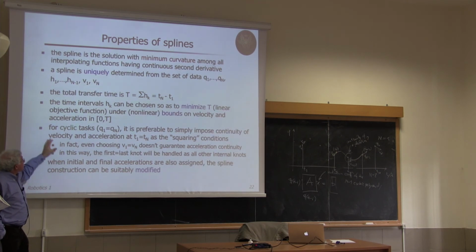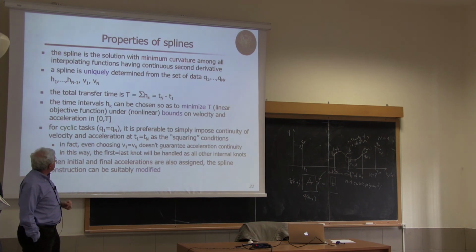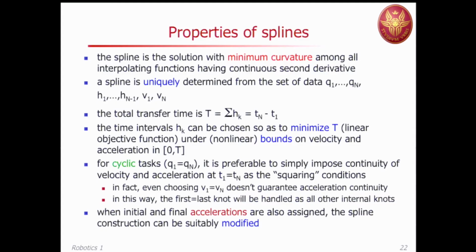And here is the condition that we commented. When you have the case of a cyclic task, then it's clear that the final time will be the initial time of the next cycle, okay? But this is not important because you're working with intervals.